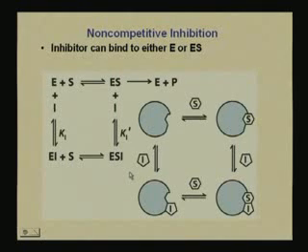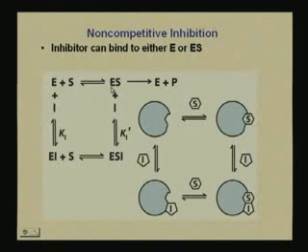But in non-competitive inhibition, now what does this do? Basically, it affects the formation of the product. The inhibition of a reaction is going to affect how the substrate is eventually going to the product.